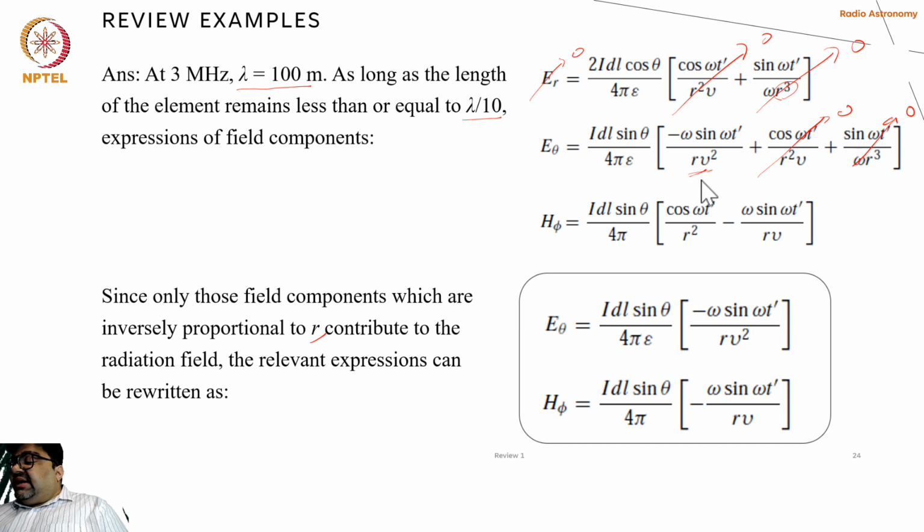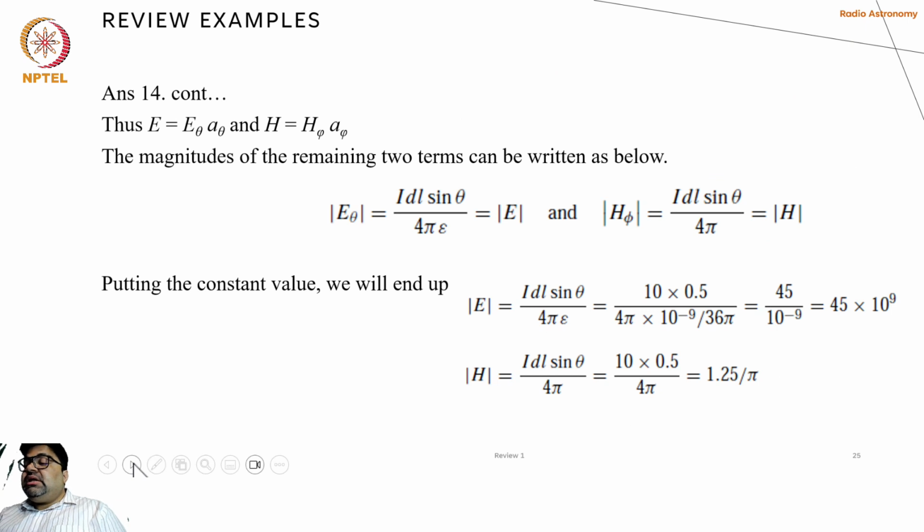The term which survives is this one. For H phi, again the first term goes to 0 in this case, and the second term survives. Okay, so these are the two terms which survive as R tends to infinity. So E has a theta component and H has a phi component in this particular case.